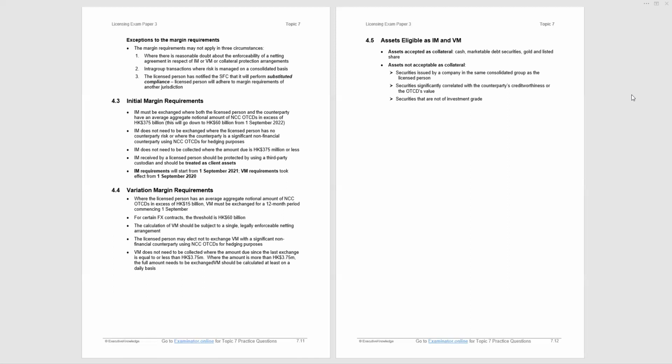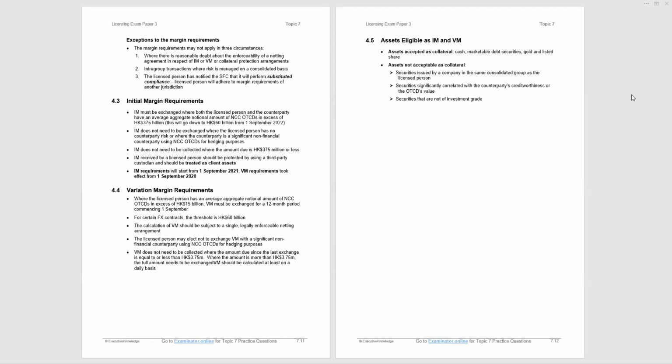Now, if I was writing an exam question, those are easy points to address. So just have that in your head with regard to initial margin and variation margin, what is accepted and what is not accepted as collateral.